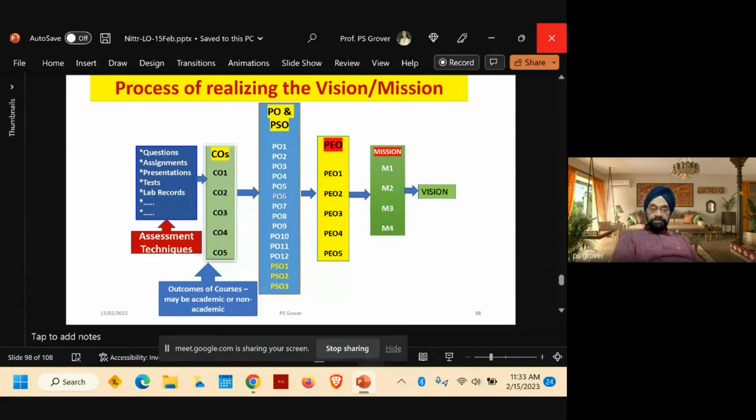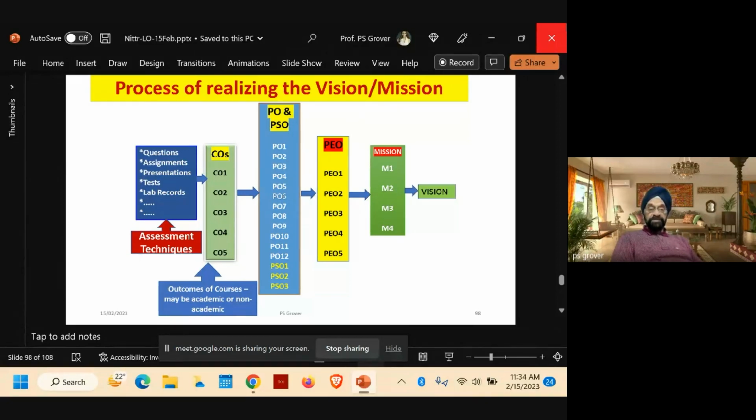Now, using the assessment techniques, using the outcomes of courses, we can look at the course outcome, then program outcome, then PEOs, then mission and vision.